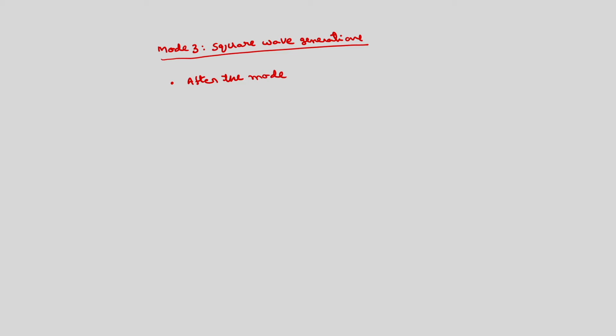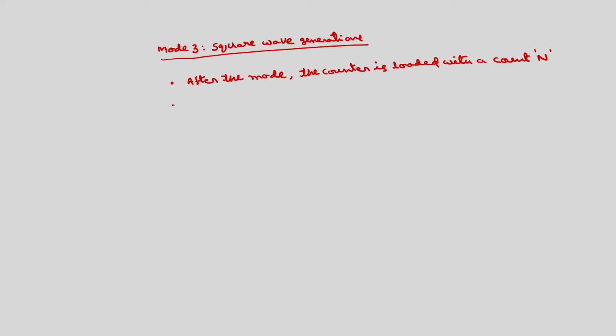Okay. So in this square wave generation, once the mode is set by using the control load register, the counter is loaded with a count of n.